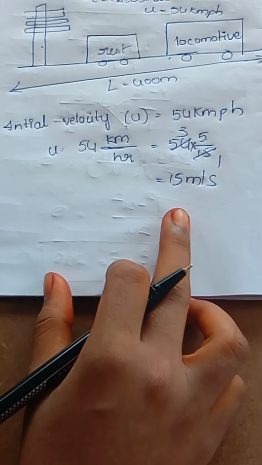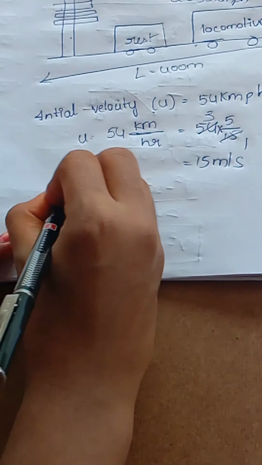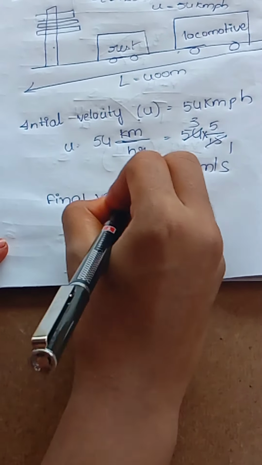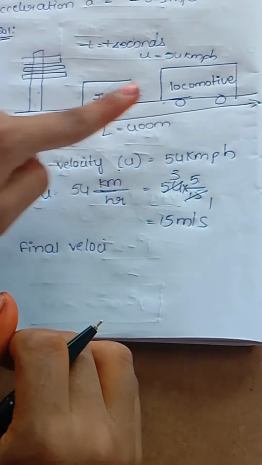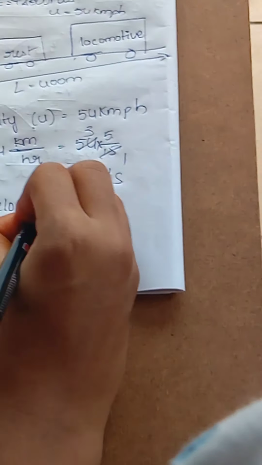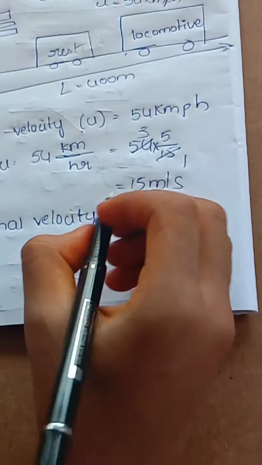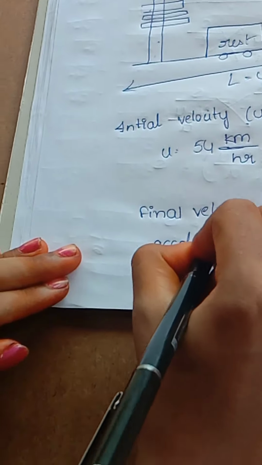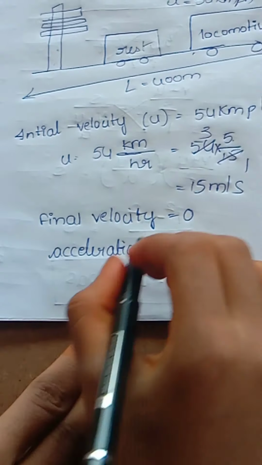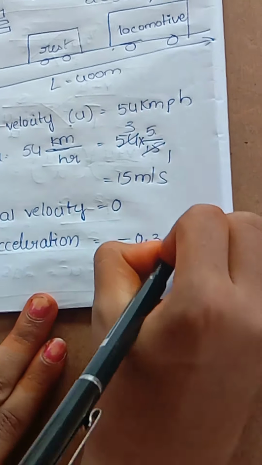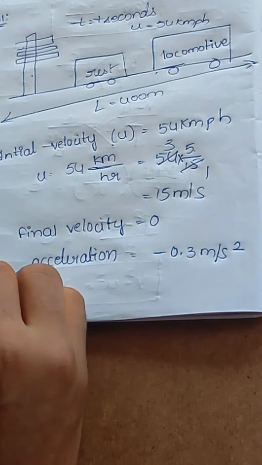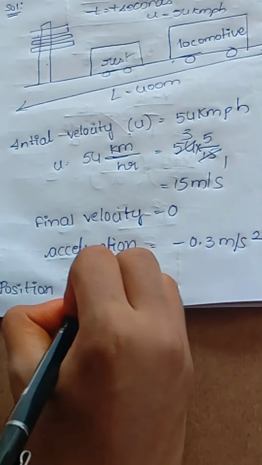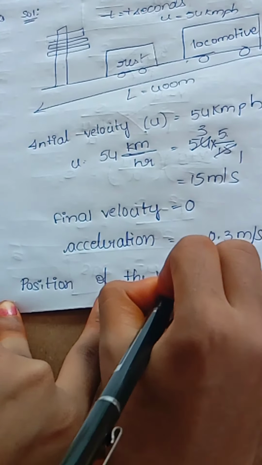It is the initial velocity of the locomotive. Now the final velocity: after some time this locomotive is at rest, so the final velocity is 0. Next is acceleration, given in the question as minus 0.3 meter per second square. Now we should find the position of the locomotive.